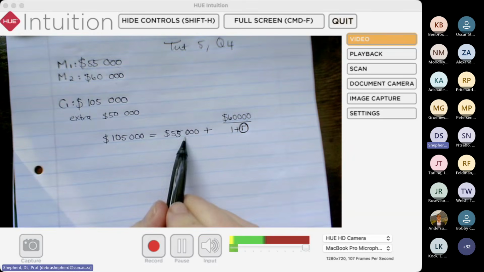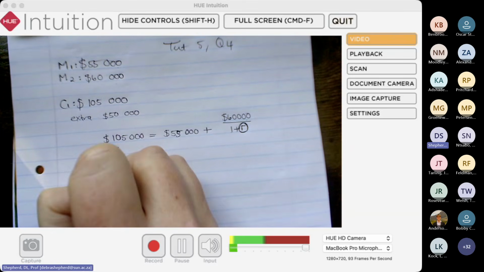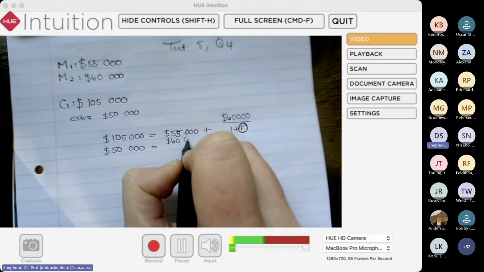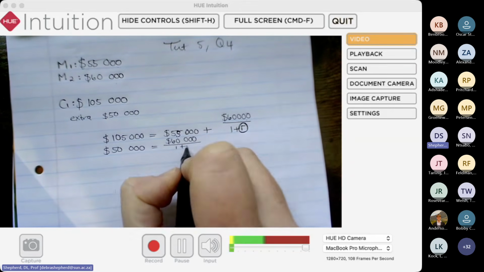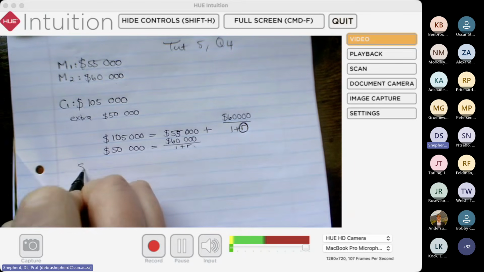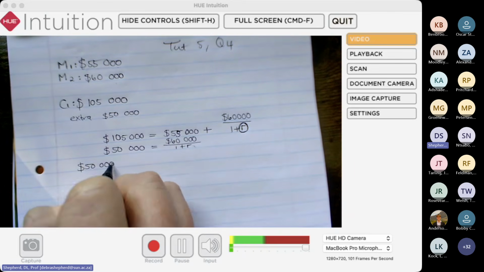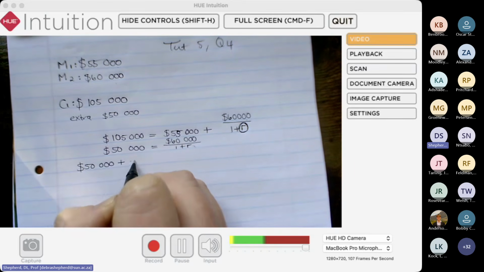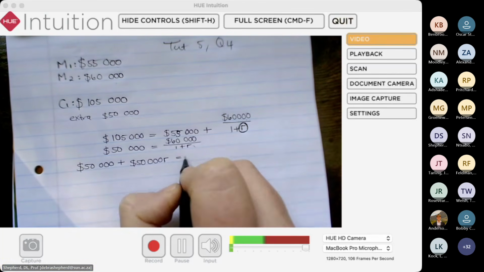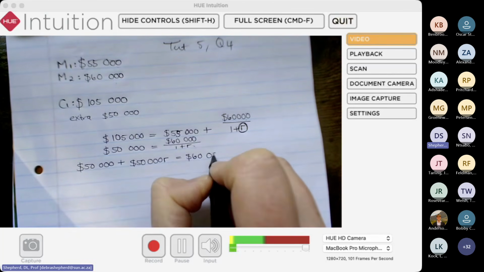If I take the 55,000 to this side, I get 50,000. So 50,000 is 60,000 over 1 plus R. I then take the 1 plus R to this side, so I get 50,000 plus 50,000 times R equals 60,000.